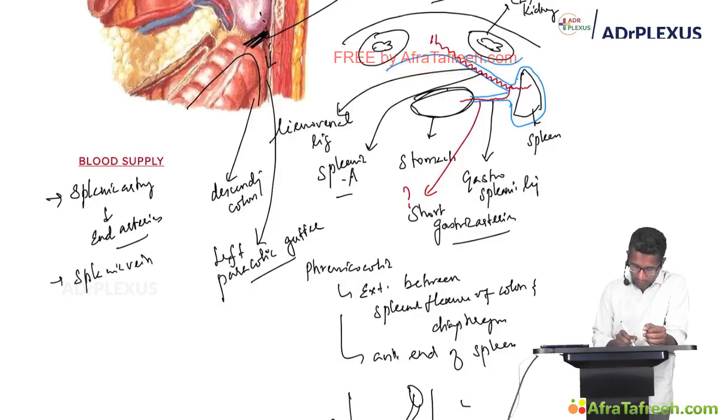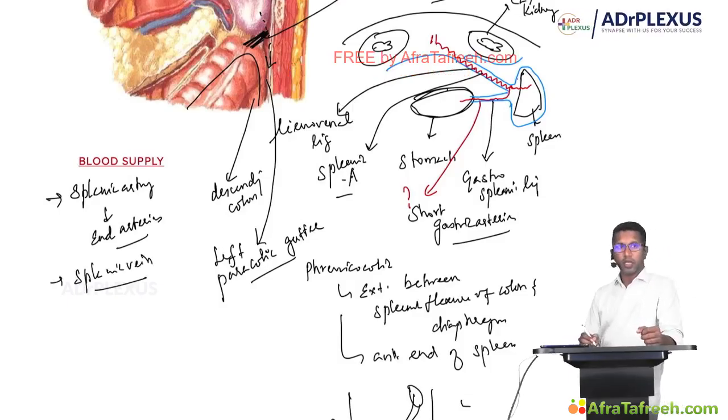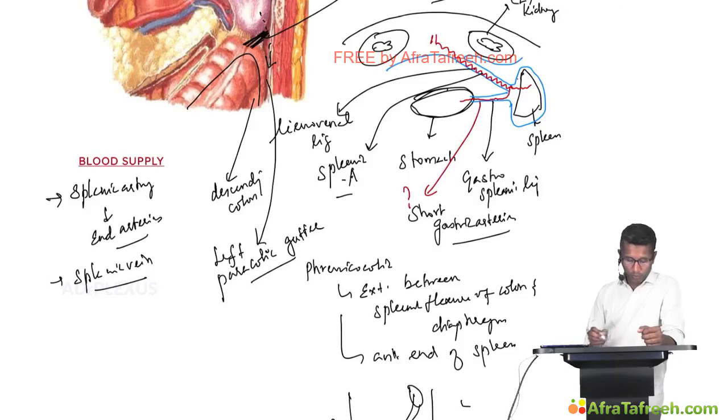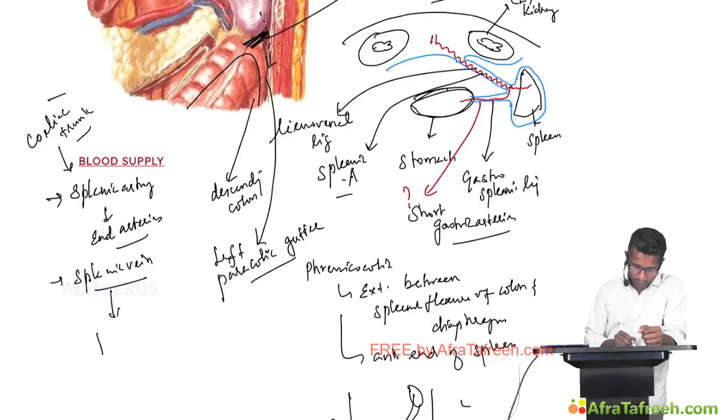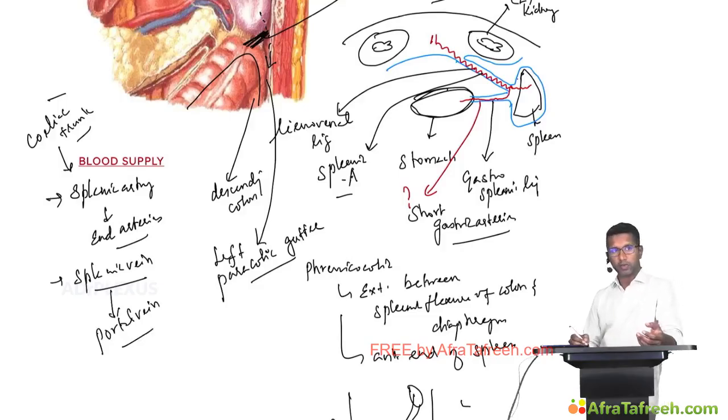The splenic artery is a direct branch of the celiac trunk, and the splenic vein is a tributary of the portal vein. So these are all the important blood vessels of the spleen.